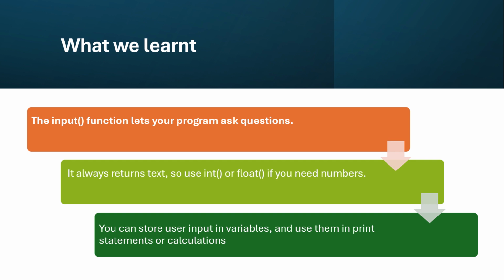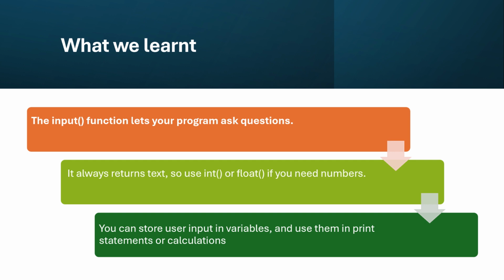Let's recap what we learned today. The input function lets your program ask questions, and it always returns text. So you use int if you're dealing with whole numbers, integers, or float if your numbers have decimals, maybe a bank balance or weight.